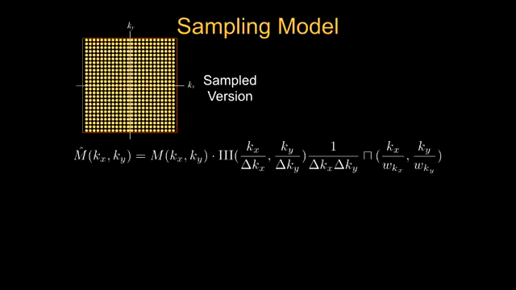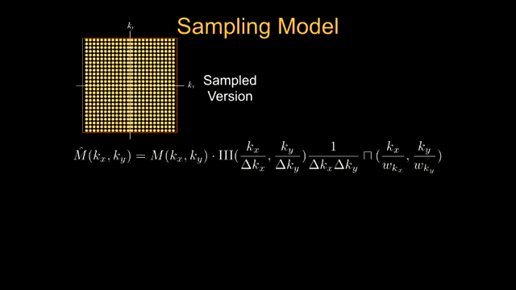Okay, it looks really long and kind of scary, but it's a very simple thing. It's multiplied by the comb function that gives all these infinite samples, and the rect limits how long it's going to have those samples.